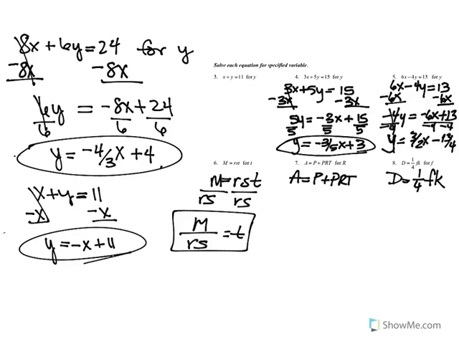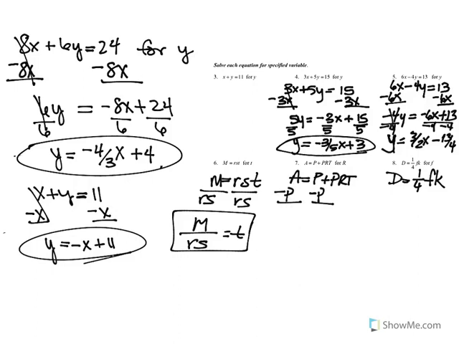Okay. All right. So on number 7, we are trying to get r by itself. The first thing that should happen is this first p should move, because remember, anything that is adding or subtracting to your variable term is what should move first. So we subtract p.